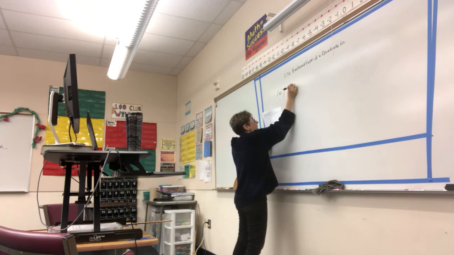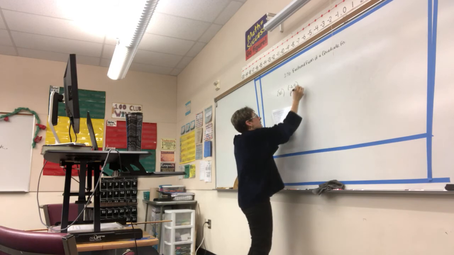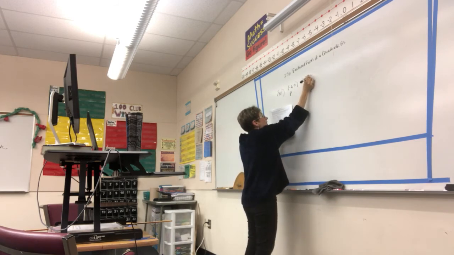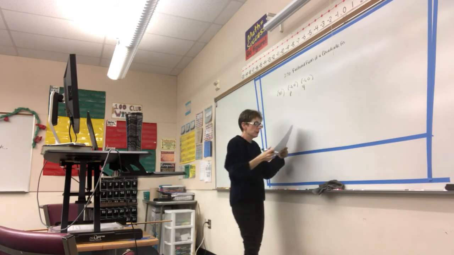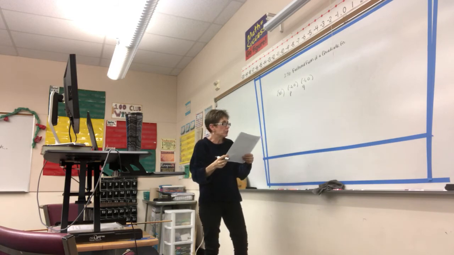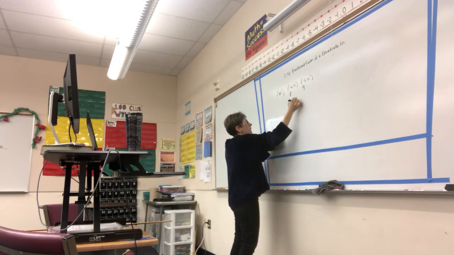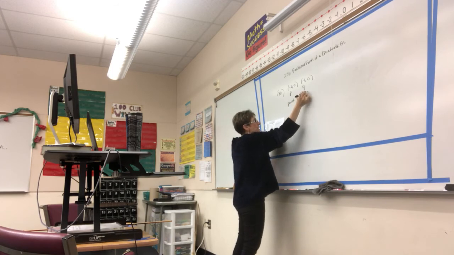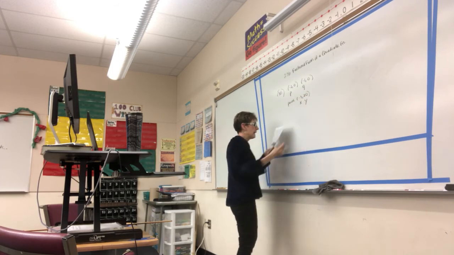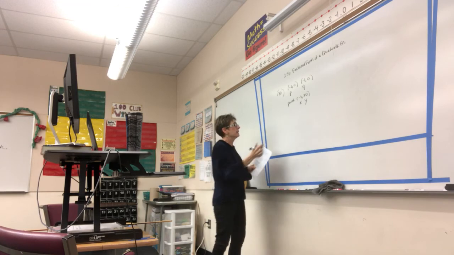The first intercept was negative 2, 0, so we'll call negative 2 p. The next intercept was negative 1, 0, so we'll call negative 1 q. And it passes through the point negative 3, 20, so I'll call negative 3 x and 20 y.